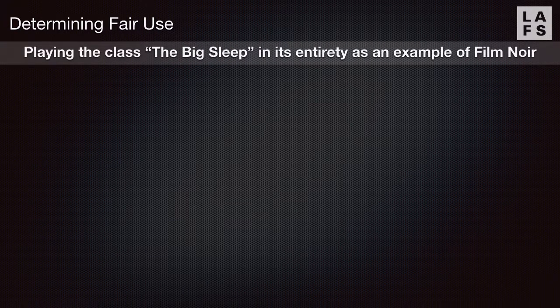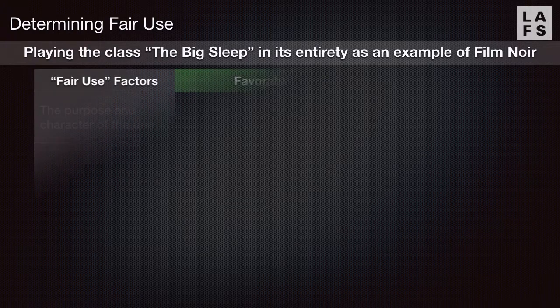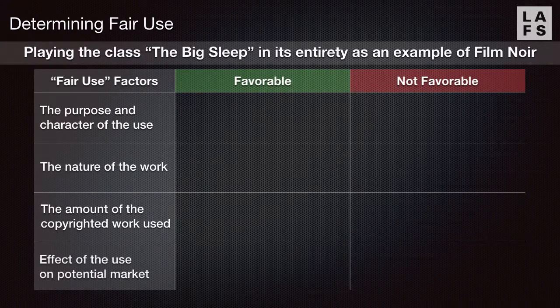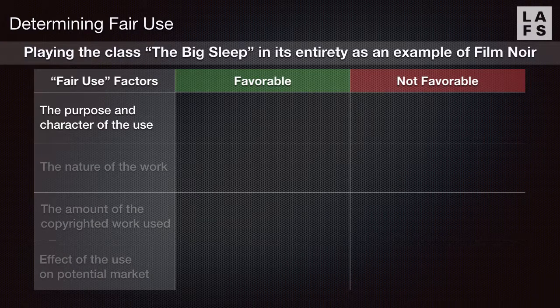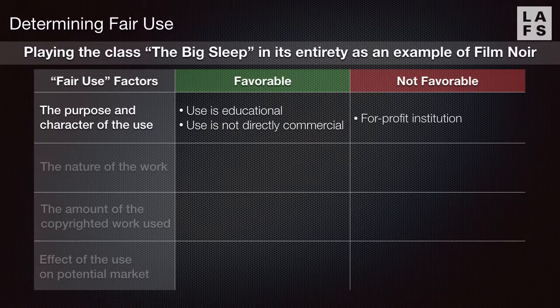Here's another example. Playing the class the movie The Big Sleep in its entirety as an example of the film noir. Well, let's look at the purpose and character of the use. It's educational. The point is to give an example of a certain film genre. It's not directly commercial, although we are a for-profit institution, and it does benefit us.